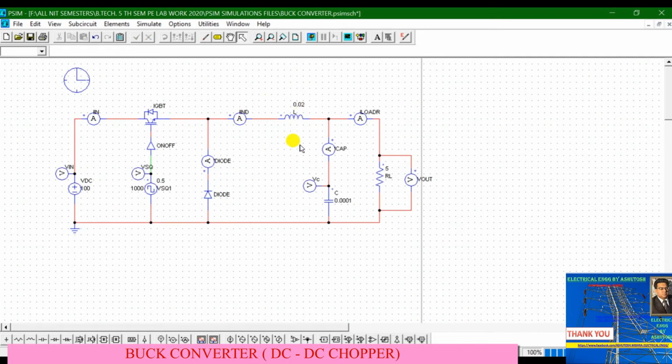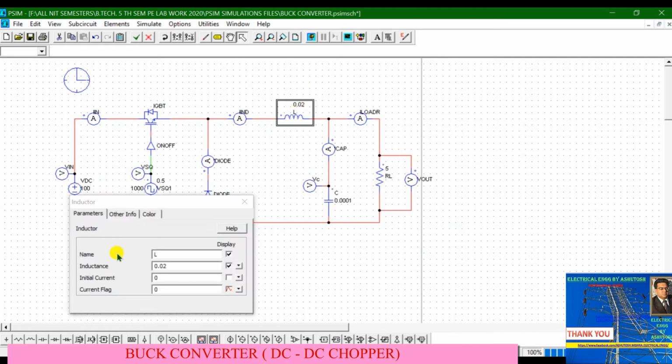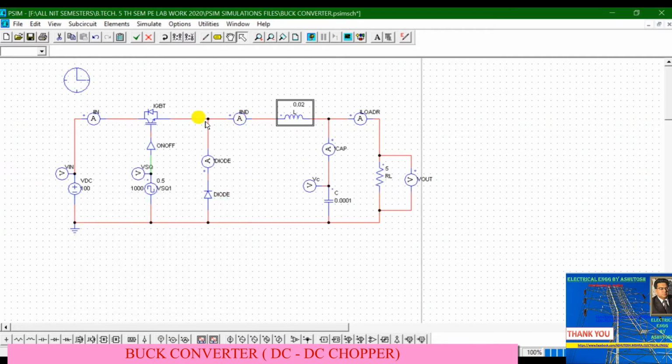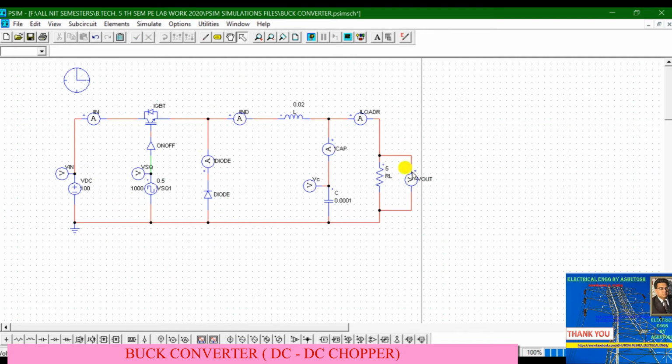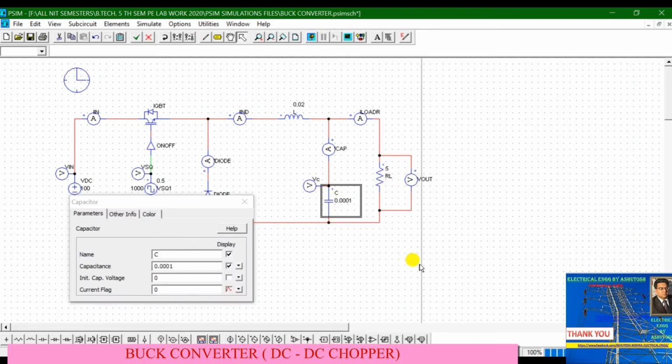Then the inductor is there, an inductor of 0.02 Henry, and the inductor current will be measured by this series ammeter or current probe. Then a capacitor is connected in parallel with the load, with capacitance 0.0001 farad.